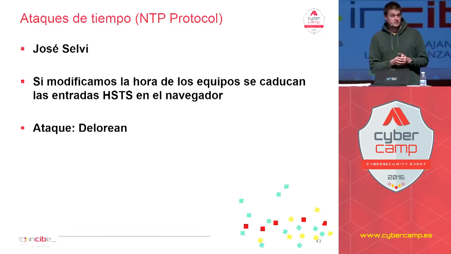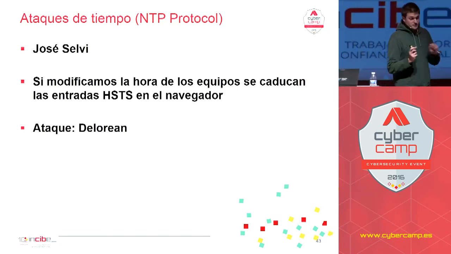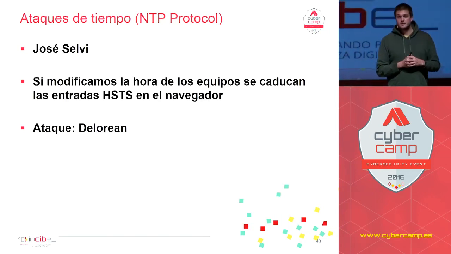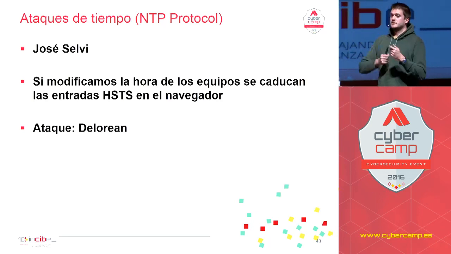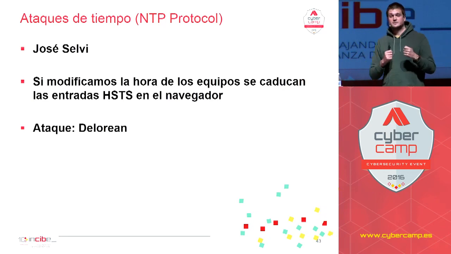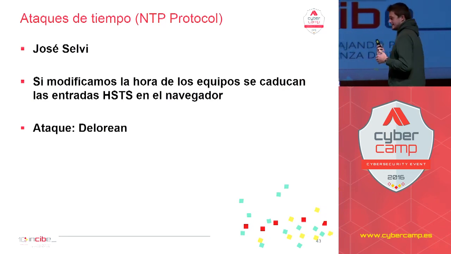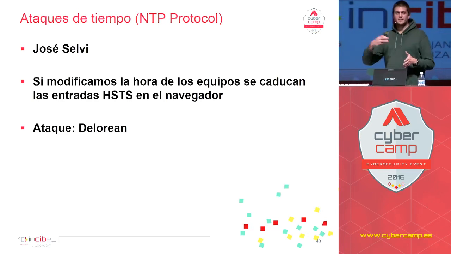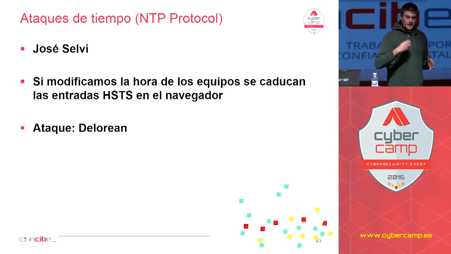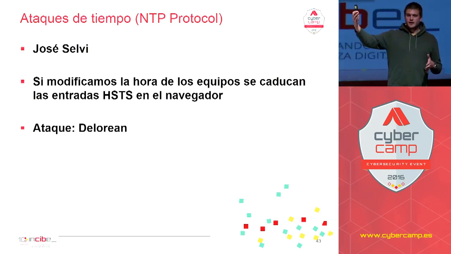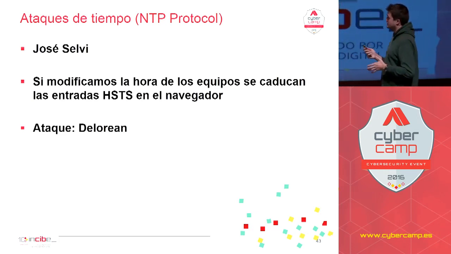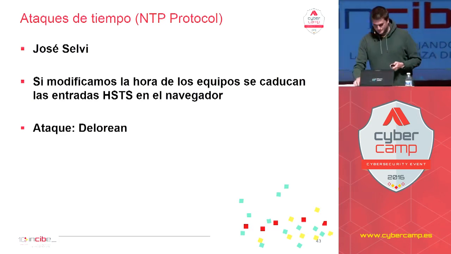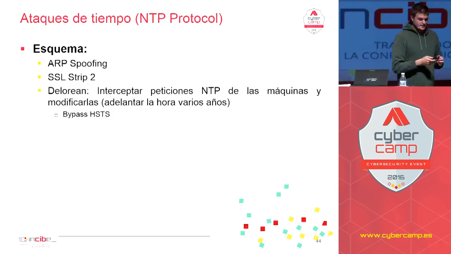This is a tool, which is an NTP server, which when you request a time synchronization, it just changes the reply. The minute you intercept, since you are in the middle of the communication, you can see there is a request and take the machine to a different timestamp. This is interesting.